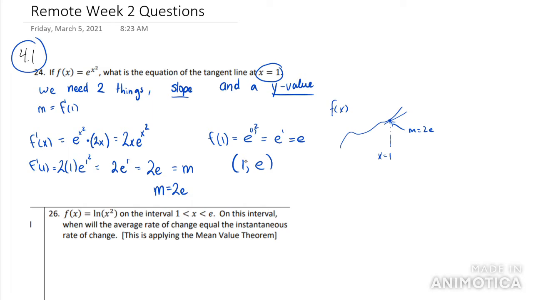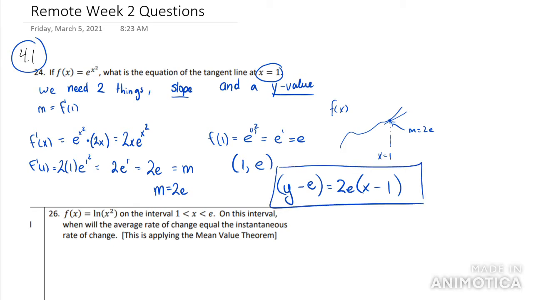If we remember our point-slope form, y minus e equals 2e times (x minus 1), and we should be done here. This is really quick, so you could put it into slope-intercept form, but you don't have to. This is why point-slope form is so good.